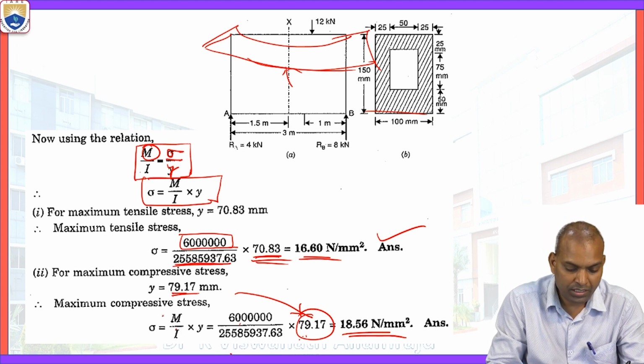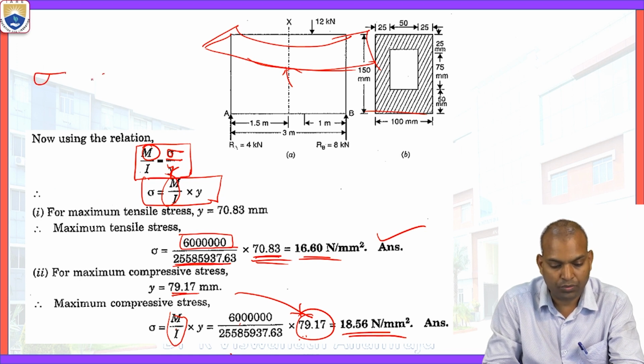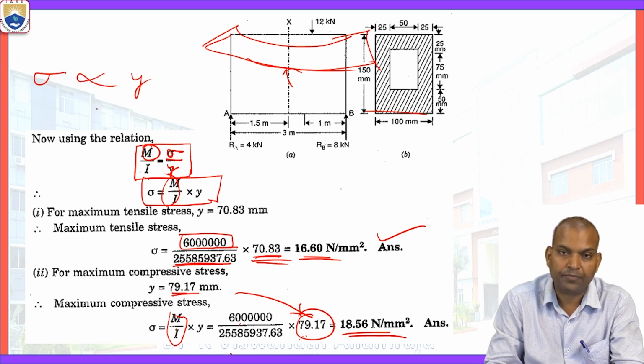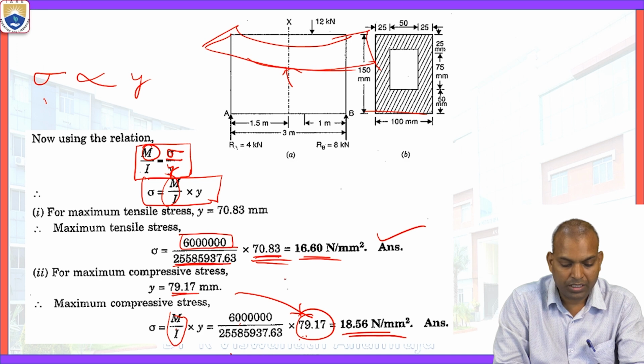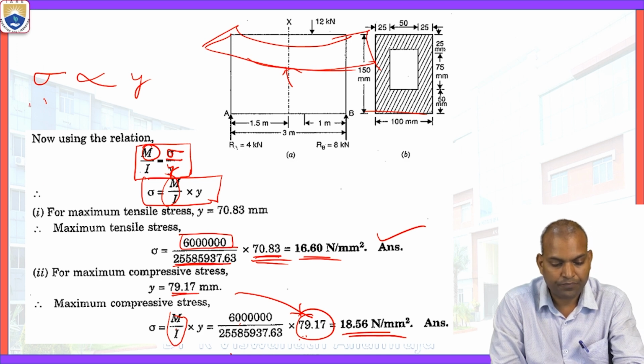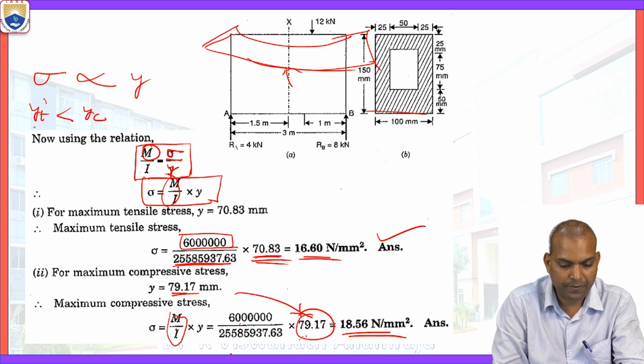So now here it is, M by I remains the same for both. But what is variable here? Y is varying. So the stress value is proportional to the Y. If the Y value is larger, the stress value becomes larger. Here the tensile stress Yt is smaller than the compressive stress Yc.